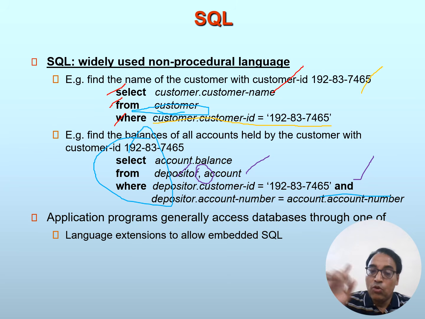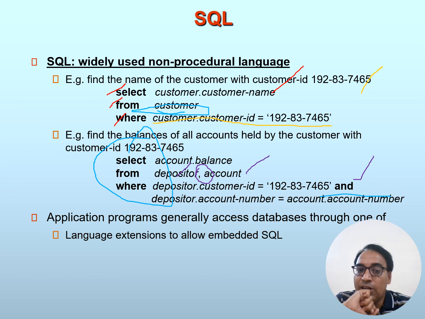That's enough. Moreover, if you want to put multiple tables, suppose three tables, you need to put A, comma, B, comma, C. The comma is the delimiter here, and it works like this: it is able to get data from depositor and account both at the same time.